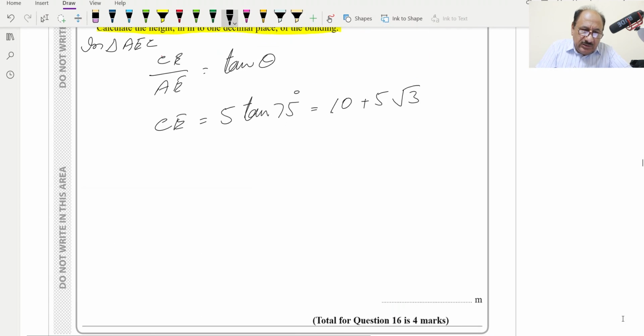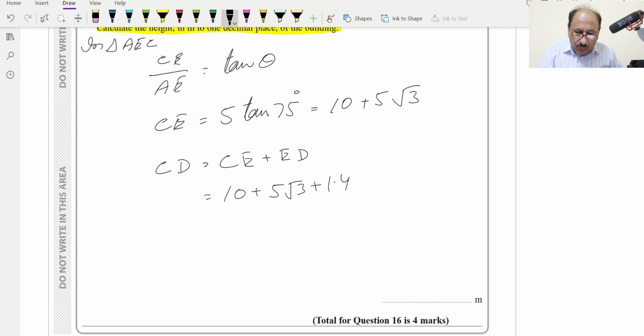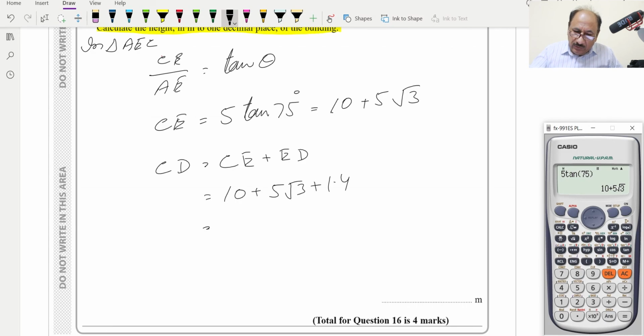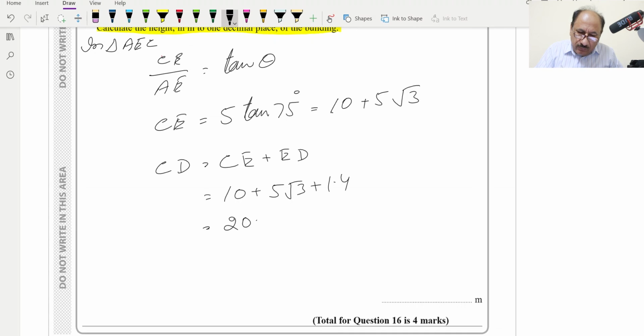So CD is equal to CE plus ED, and CE we have just calculated 10 plus 5 root 3 and plus 1.4, and this calculator is already containing this number, so plus 1.4, and this will give us the value 20.06, which will be approximately equal to 20.1.